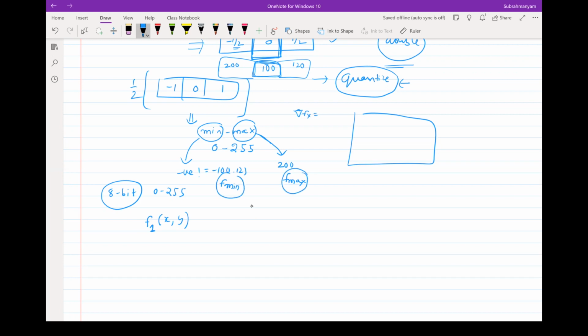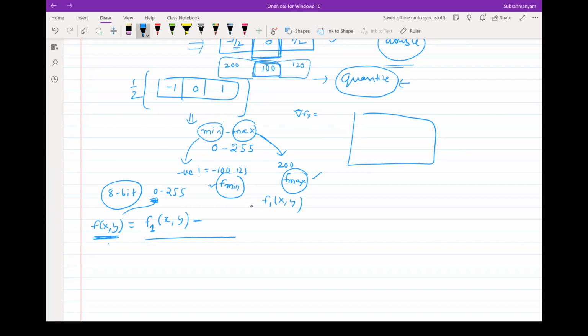Now you tell me how you are going to store it as an 8-bit image. Put it in mathematical terms and tell me the output which I want in this range of 0 to 255. Let me call it f of x comma y. The original one I call f1 of x comma y. I am giving you the minimum as f min and f max. Now you tell me the formula for it.